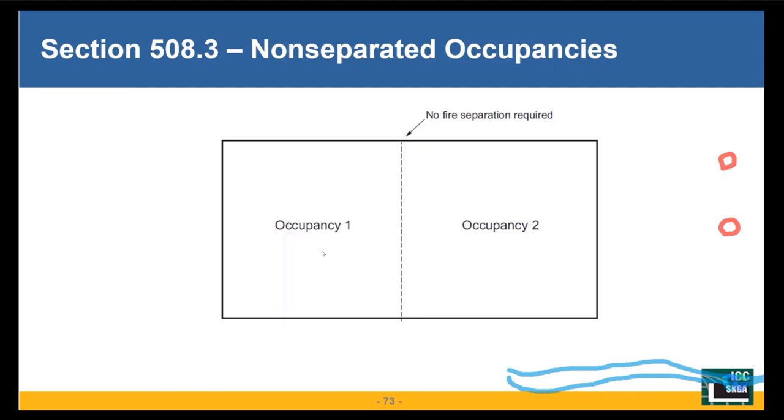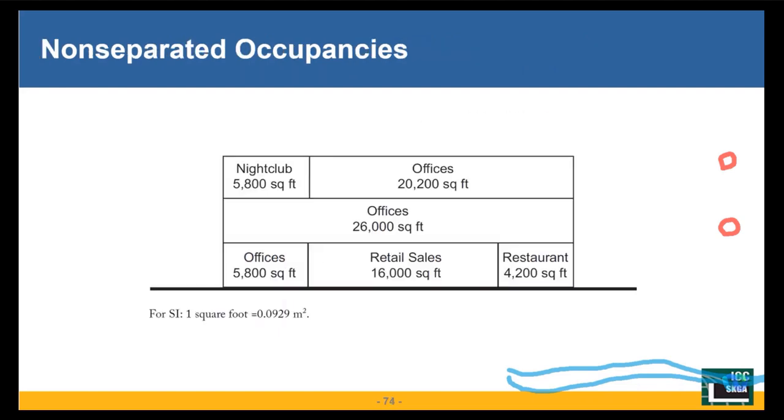So you have to use the lesser height of each occupancy to both. You have to use the lesser floor area, the most restrictive fire protection requirement, and so forth. You apply it to the whole entire building, then you're not required to separate the occupancies. So this is a non-separated occupancy.